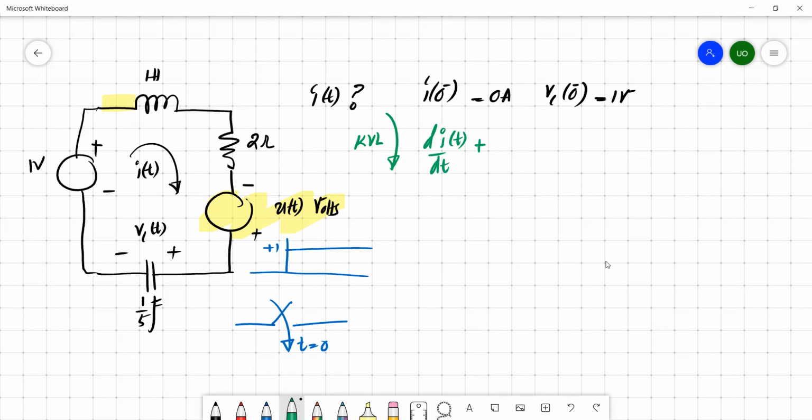This is the voltage across the inductor. Then you have the voltage drop across the 2 ohm resistor, 2 times the current. Then we have the capacitor, so it's 1 over C times the integral, which is 5 times the integral from 0 to t of i(tau) d tau, plus V0.